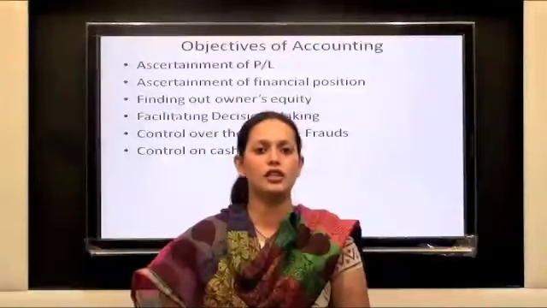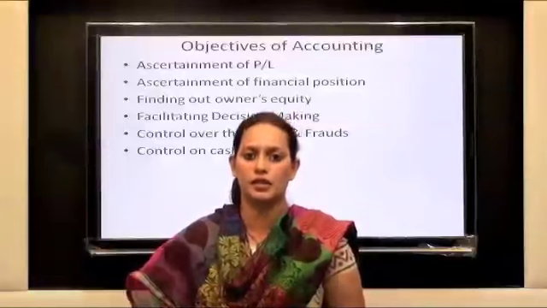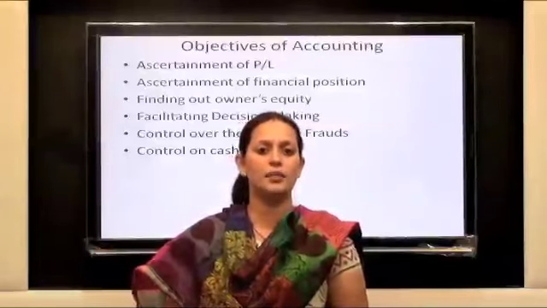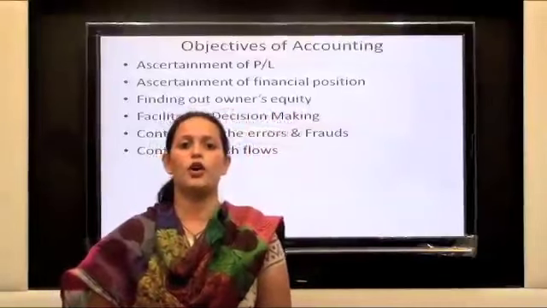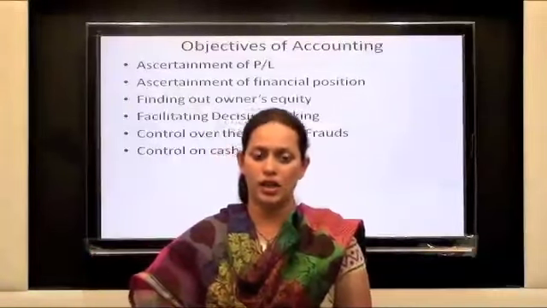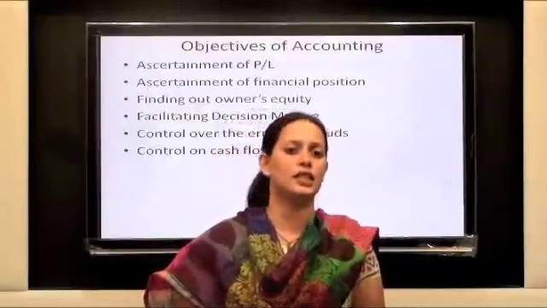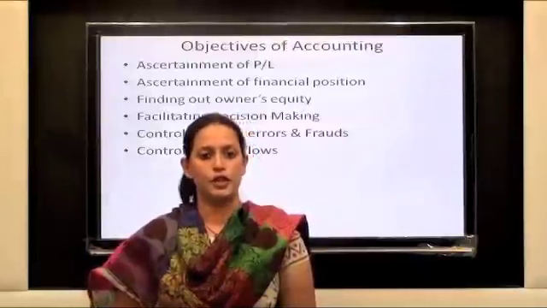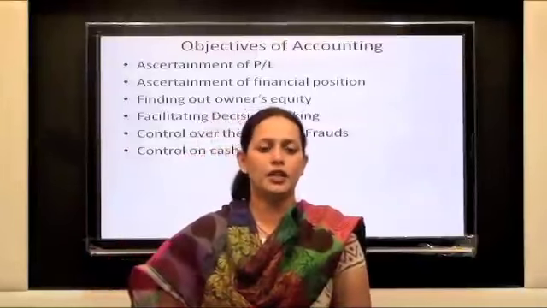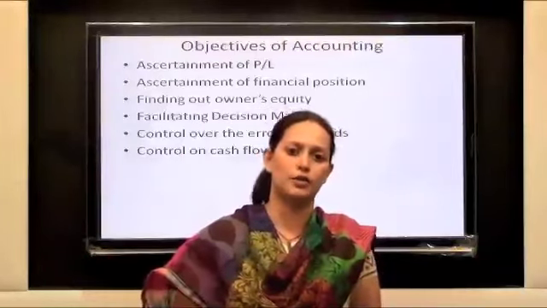So we have to think about all these things from the point of view of our business. Also, we have the other type of account, that is the nominal account, wherein debit would be all your expenses and losses and credit would be all your incomes and gains. So here we have the three golden rules of accounting. First is the real account: debit what comes in, credit what goes out.